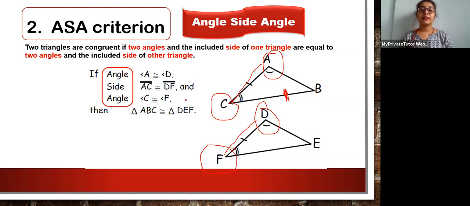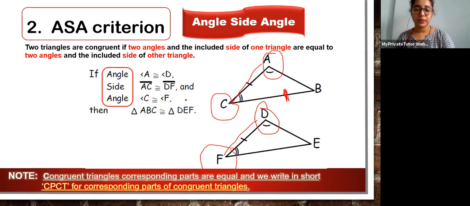Again, the note I mentioned previously: in congruent triangles, corresponding parts are equal, and in short we write CPCT, corresponding parts of congruent triangles.